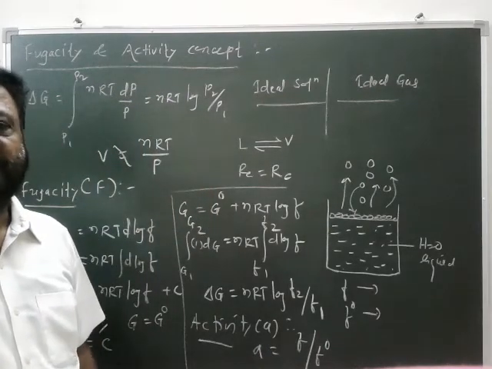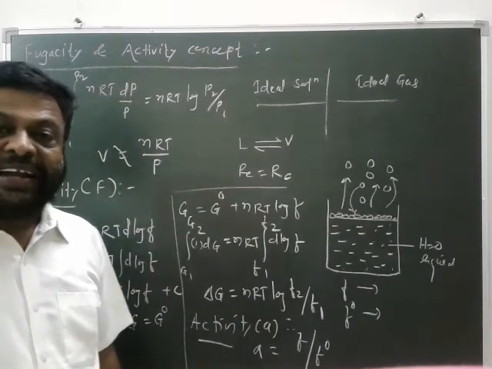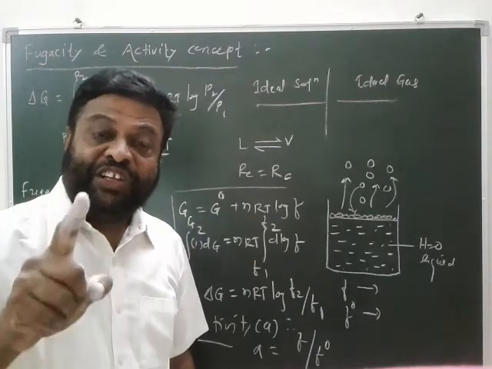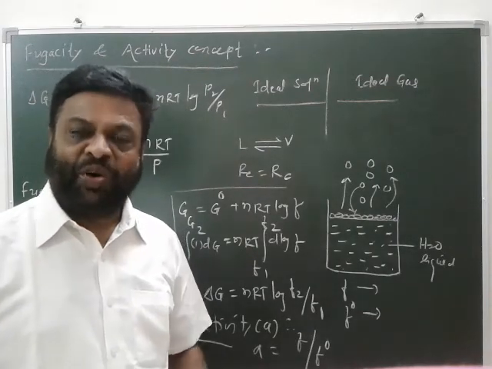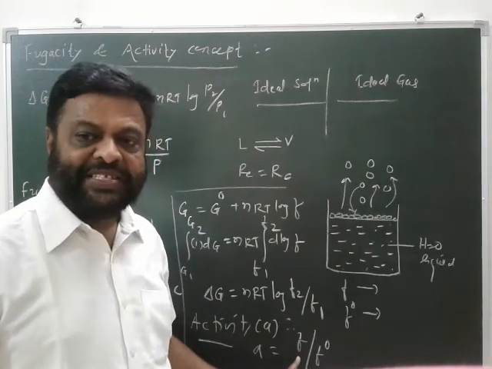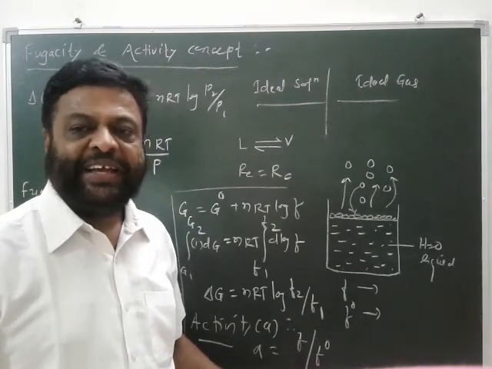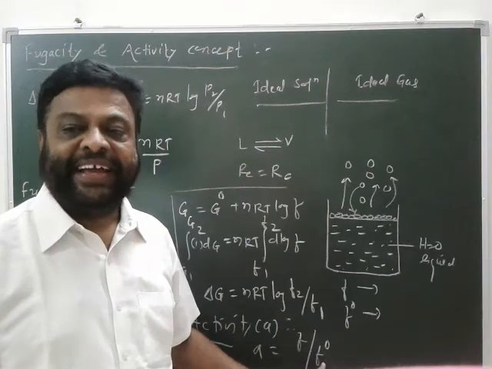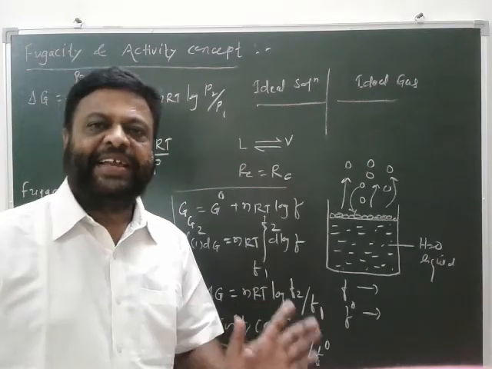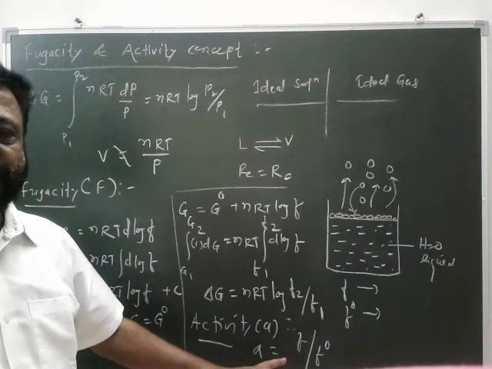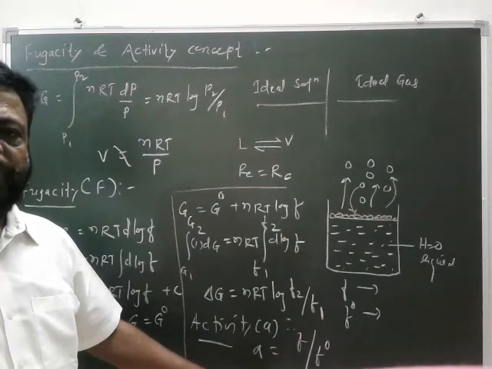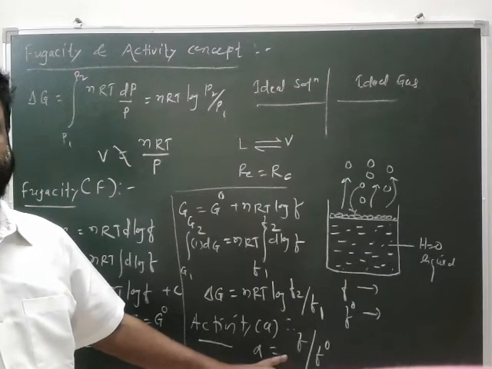This ratio is known as activity. Activity of the substance is the ratio of the fugacity of the substance in a given state to the fugacity of the substance in a standard state. So this is the definition.